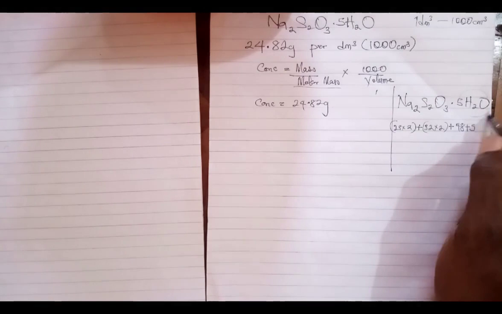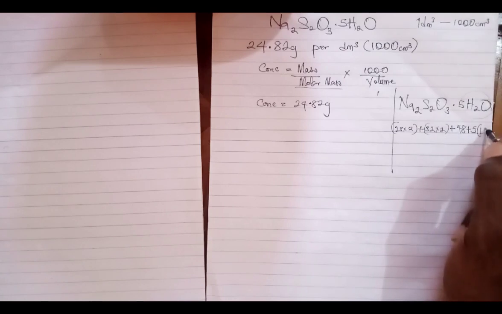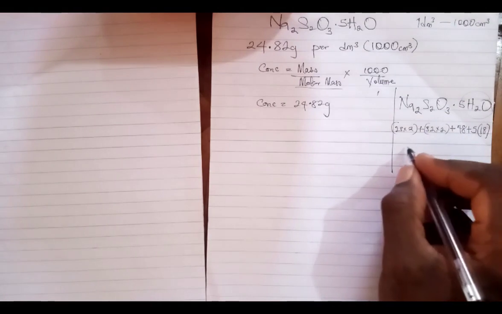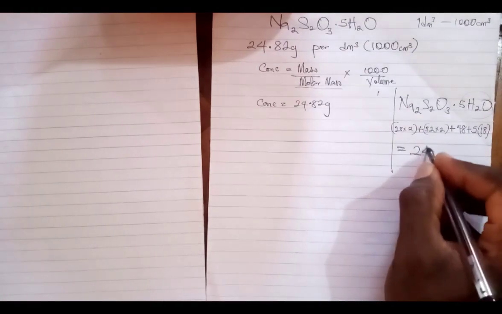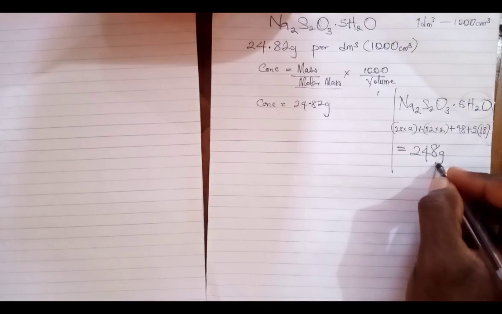The mass of water is 18, hydrogen is 1 times 2, plus oxygen 16 to give you 18. So 5 times 18. When you sum everything, the total mass you get is 248 grams.